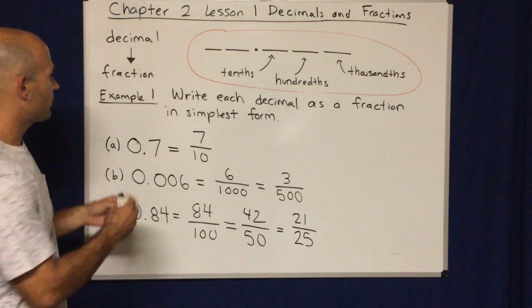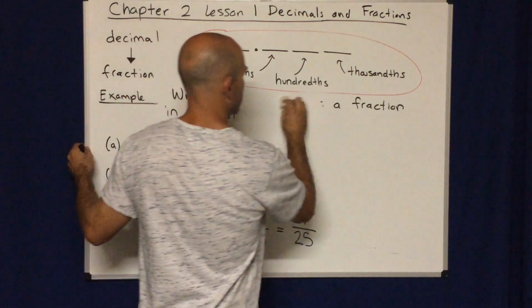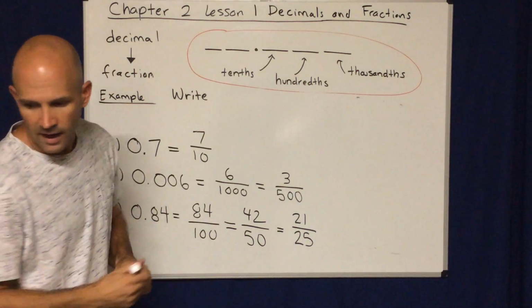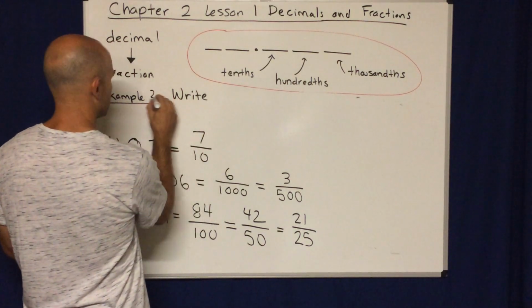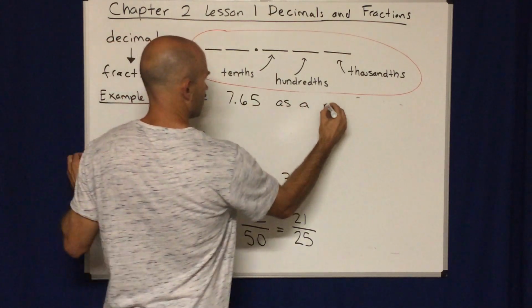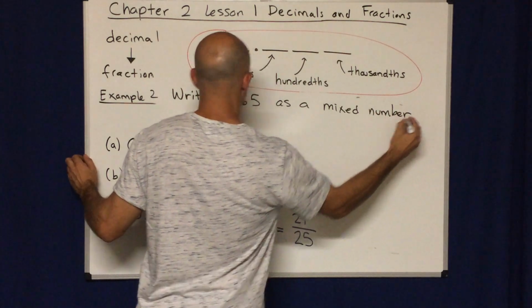All right, so the second example I want to do is to write 7.65 as a mixed number in simplest form.